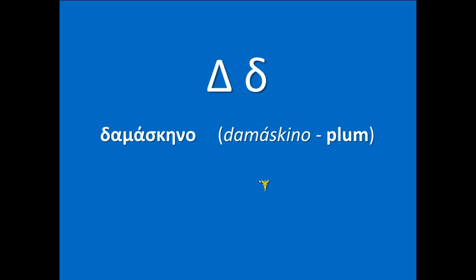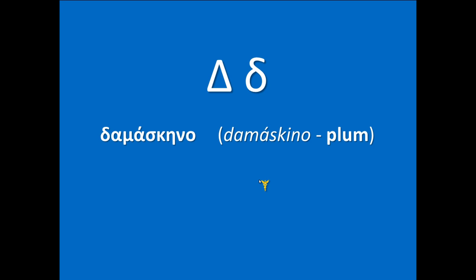The following letter is the letter delta. A Greek word that starts with this letter is the word Damastino, that means plum.